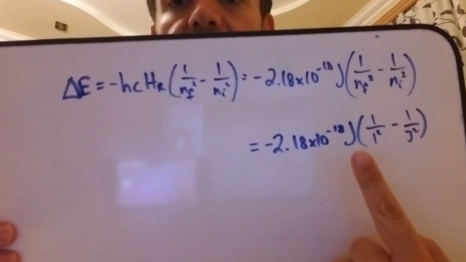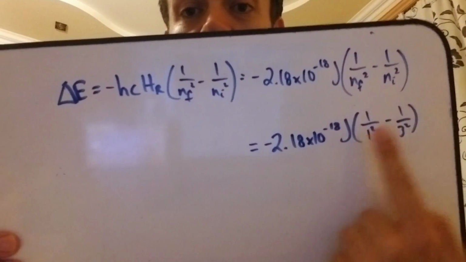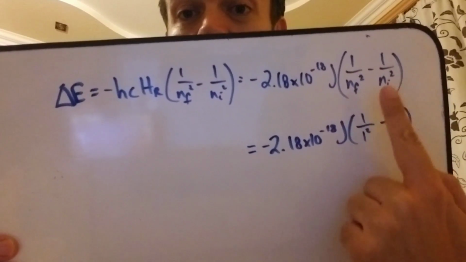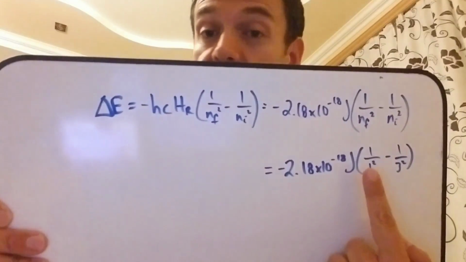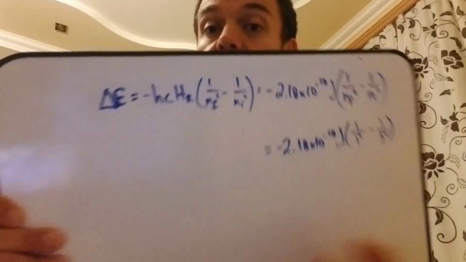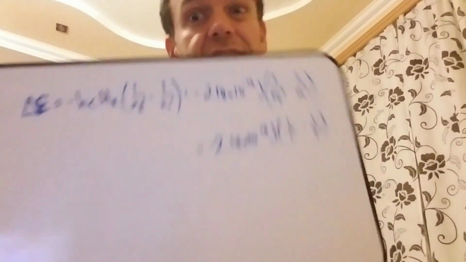I pop in, it ends at 1, the final energy level right there, 1 squared. The initial one right here, squared, is 3. Goes from the third level to the first level. Notice this is going to be 1, that's going to be 1/9, because 3 squared is 9. All right. So we get this number.